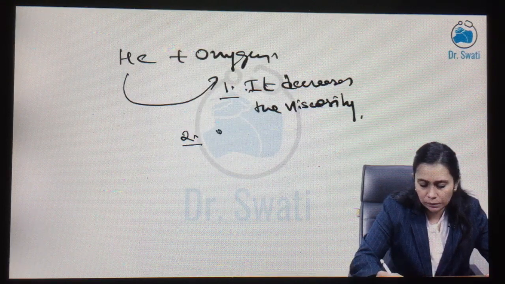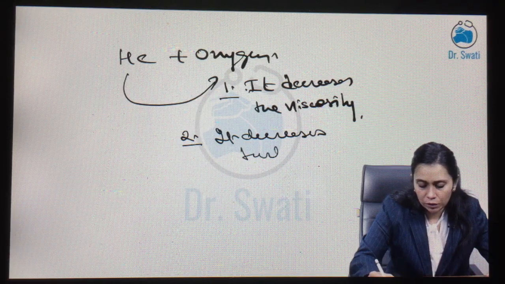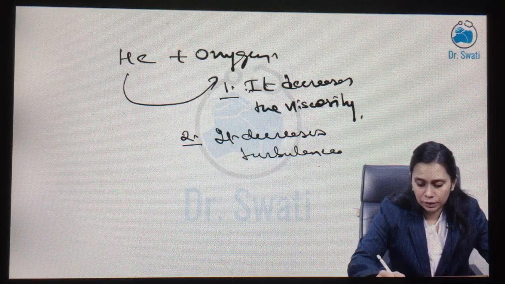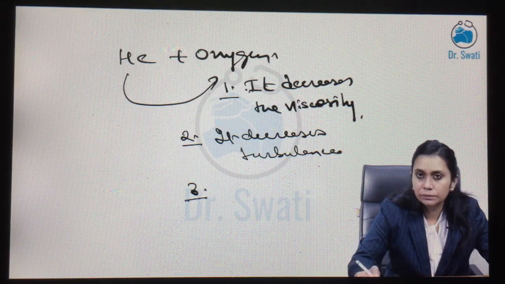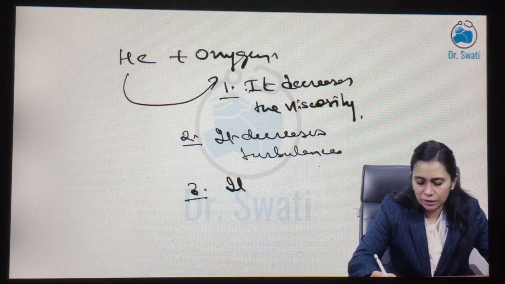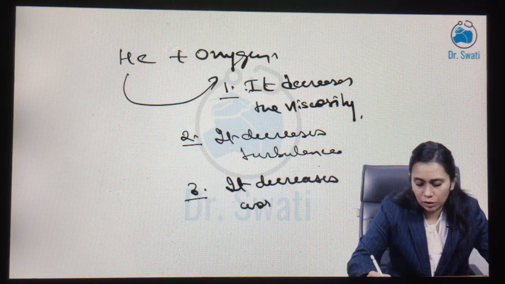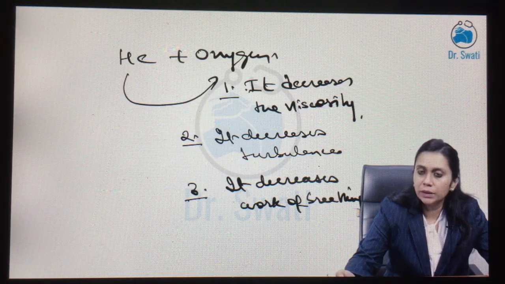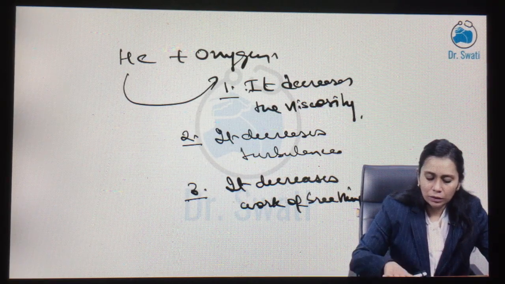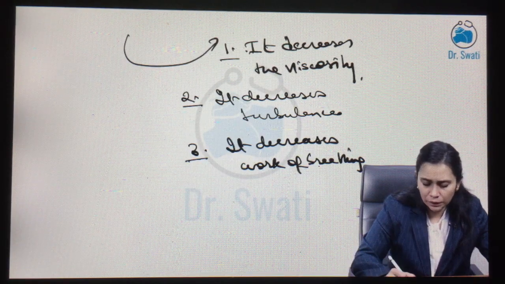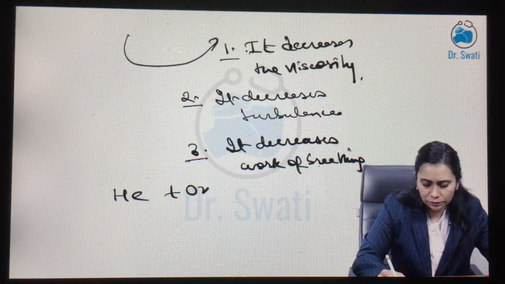Second, it decreases turbulence of the oxygen. And third, it decreases work of breathing. Right? Guys, so that's why heliox is just an oxygen delivering device. Now, helium plus oxygen. Okay.